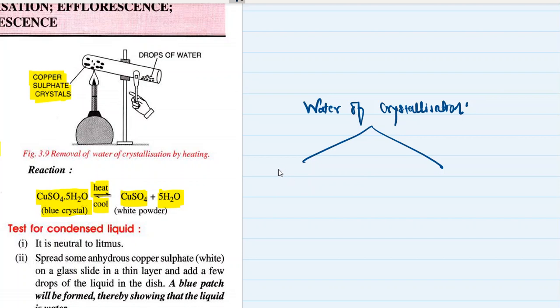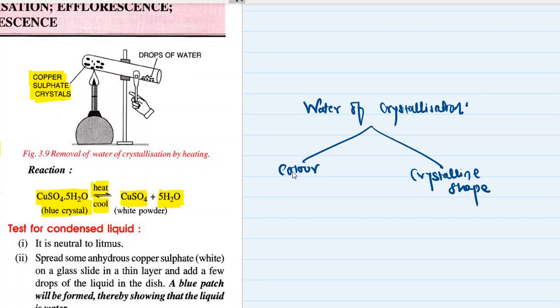It gives a peculiar color, with which you can identify which metallic ions this salt is made up of. And it gives the crystalline shape to the salt.